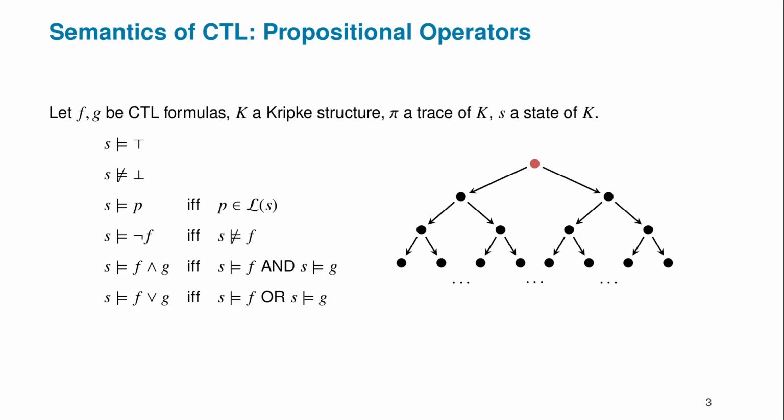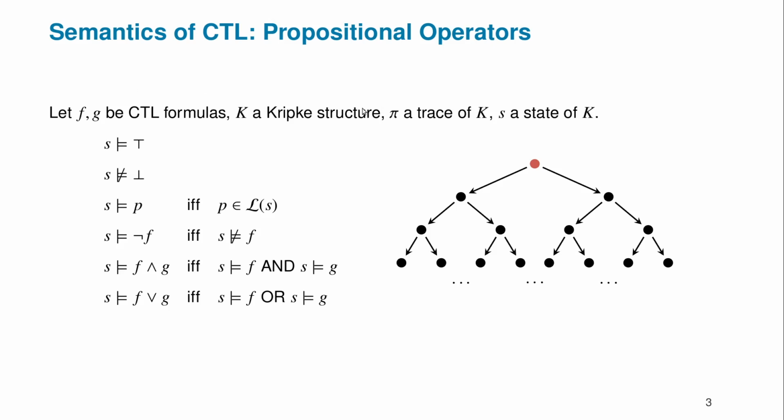If we want to evaluate a CTL formula, we do this with respect to a certain state, and we say a CTL formula F holds in a state S, and we write this with this entail symbol if certain conditions depending on the topmost connective hold. The semantics of the CTL formulas is distributed over multiple slides, and I would now like to explain to you step by step how the semantics of the different operators is defined.